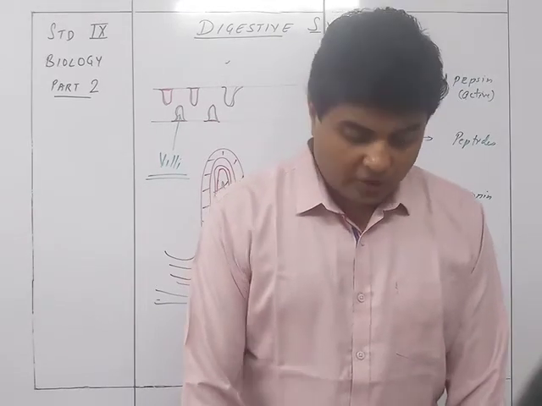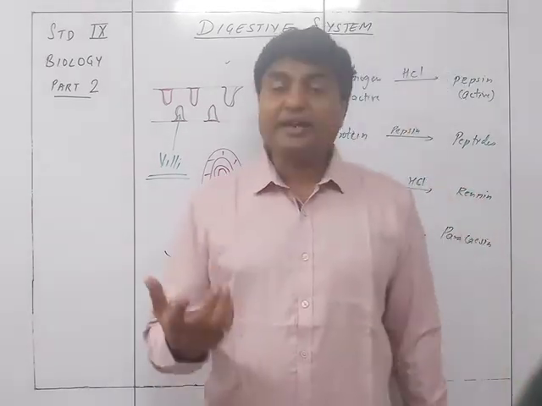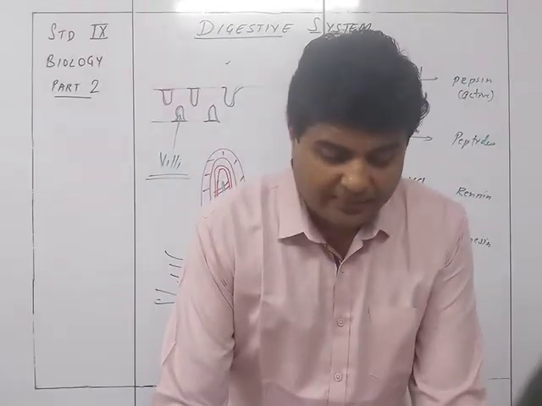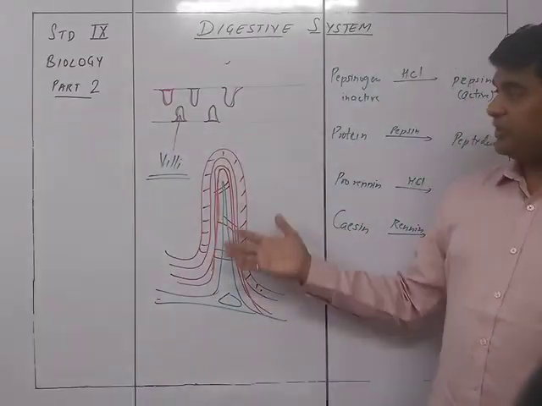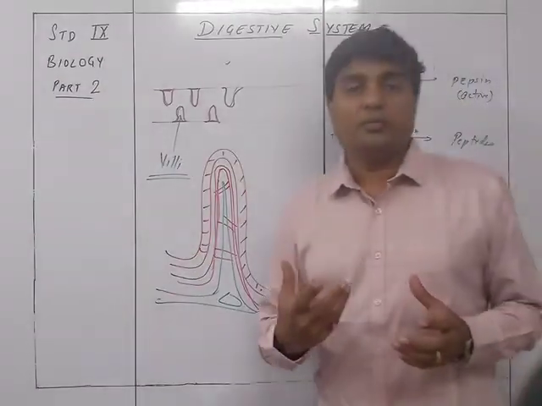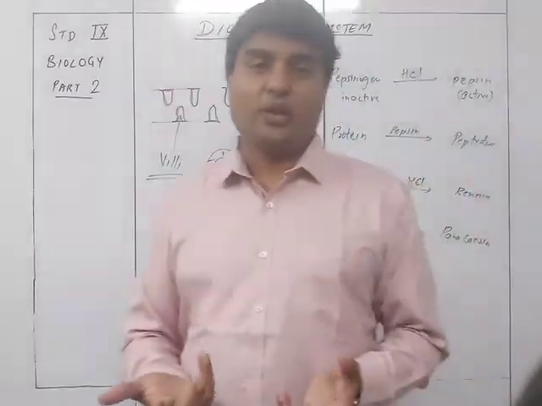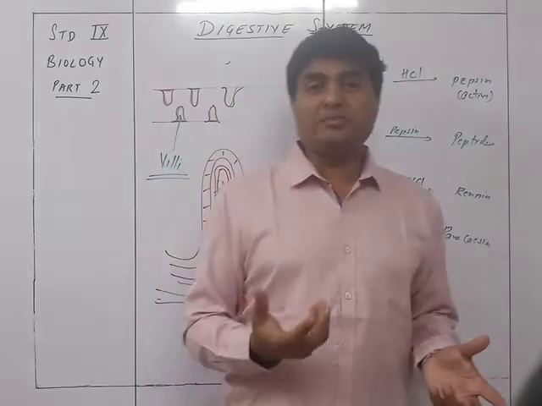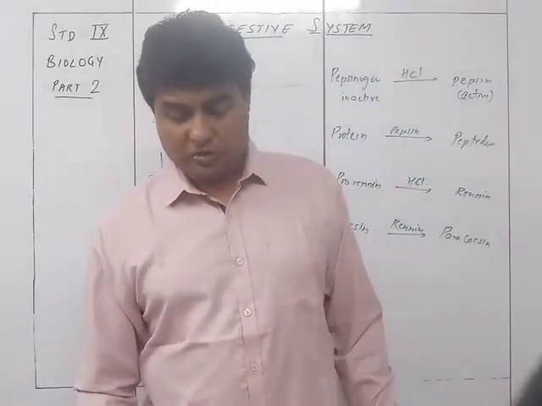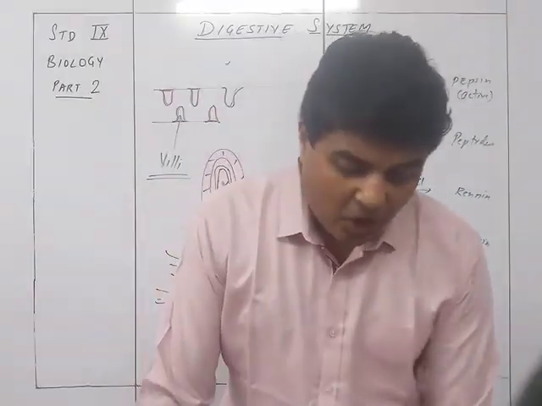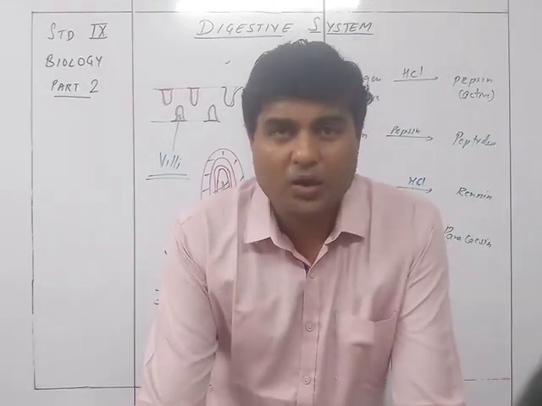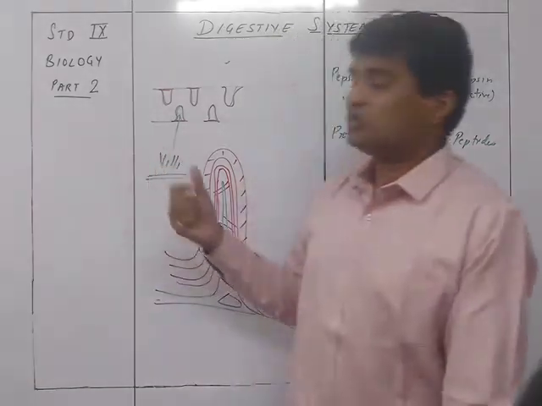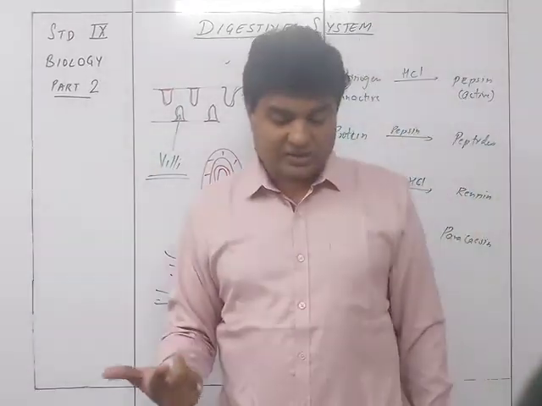Now talking about the adaptations, we can see the adaptation of the ileum for absorption of digested food. The adaptation is required so that you have maximum surface area for absorption of the food. You can see it is very long, so more surface area is provided.